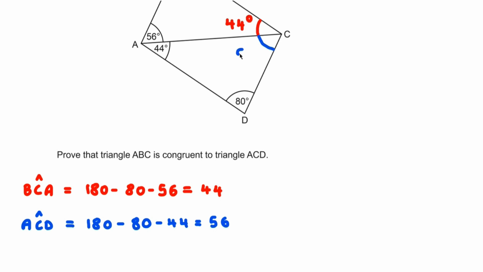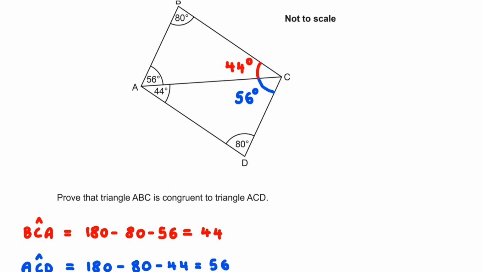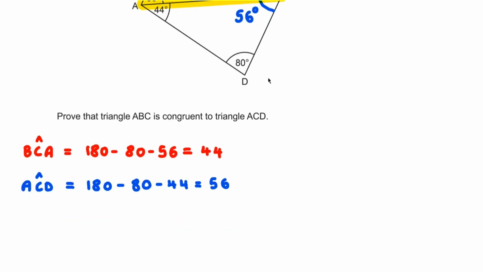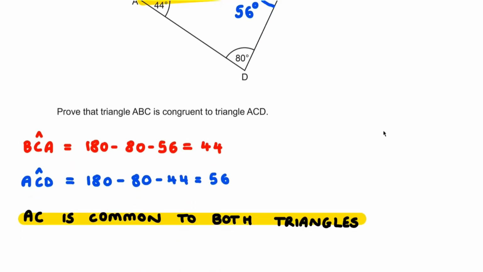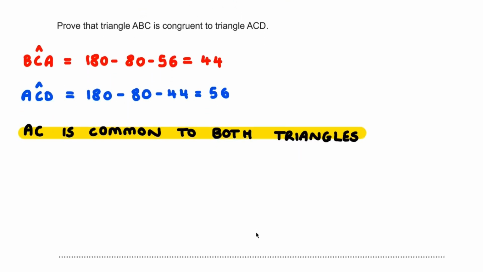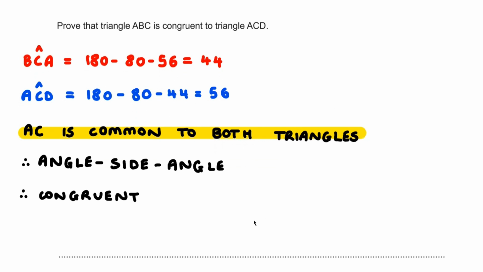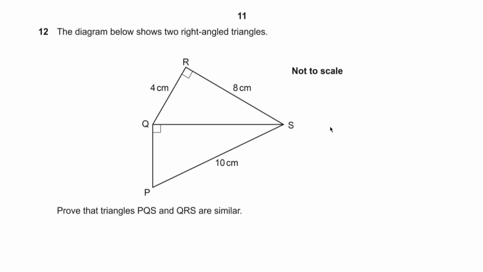So this angle is 56 degrees. And we also know that this is common to both. So AC is common to both. So what do we have here then? Well, we've got a situation of angle side angle, so therefore the triangles are congruent.